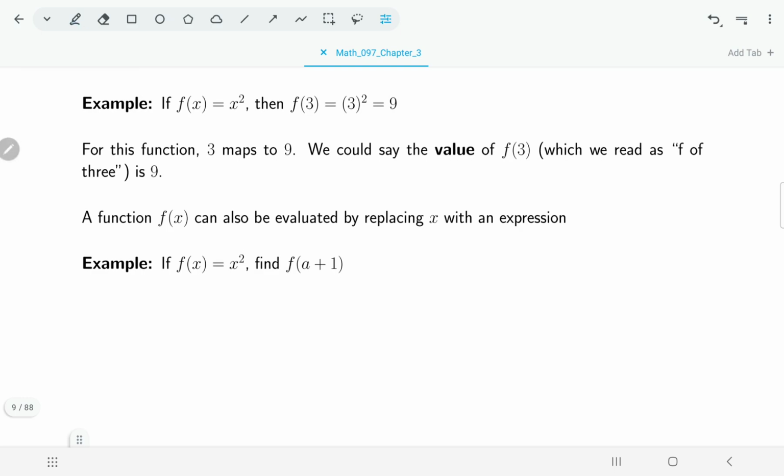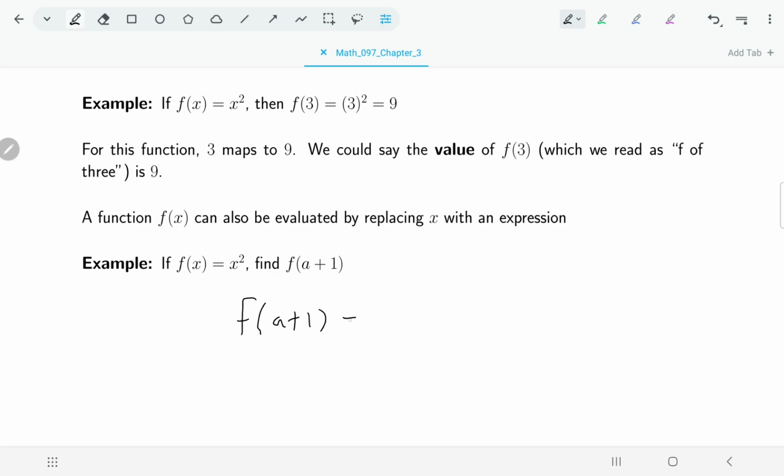So when I was looking at f of x being x squared, and when I was finding f of 3, I just did that by replacing the x in my function with a 3, and I got 3 squared, or 9. If I have the same function, f of x being x squared, and I want f of a plus 1, that's telling me that what I need to do is replace my x with a plus 1.